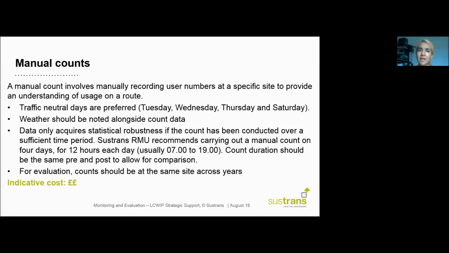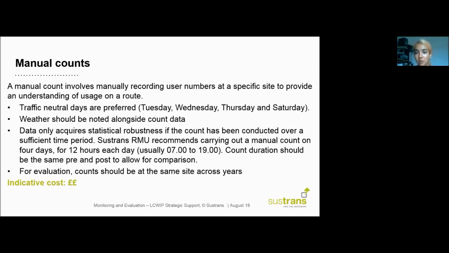They can be affected by the weather, so it's important to note down the weather when any count is being conducted. And if the counts are being used for evaluation purposes, the same selection of days and hours should be used in both time periods, so before and after the intervention, to allow for a robust comparison. In terms of indicative costs, they are less costly than cycle counters, but not cheap.